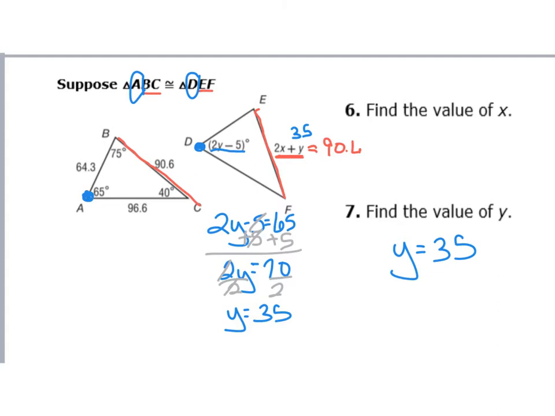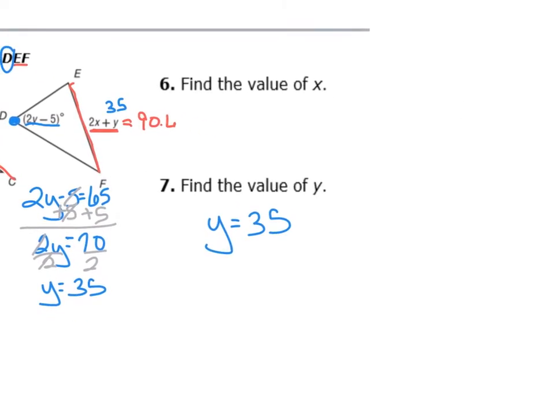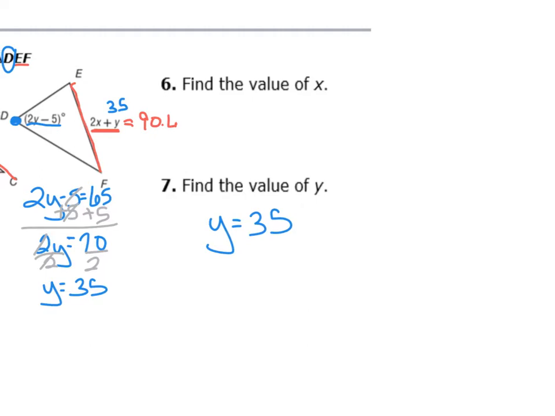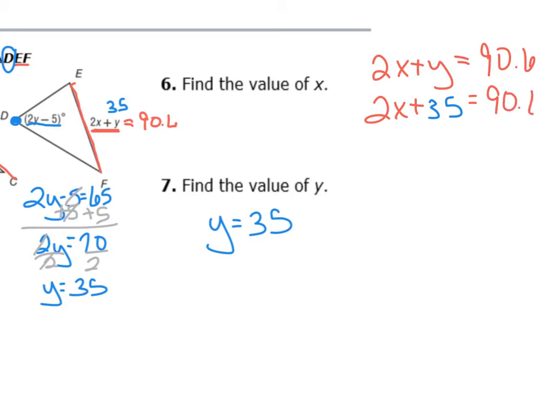Okay, so I'm going to actually move my picture this direction so that I have some room to do that algebra. Okay, so I know that 2x plus y makes 90.6. I found y to be 35. 2x plus 35, I used substitution, equals 90.6. I'm going to subtract 35 from both sides, subtraction property of equality.